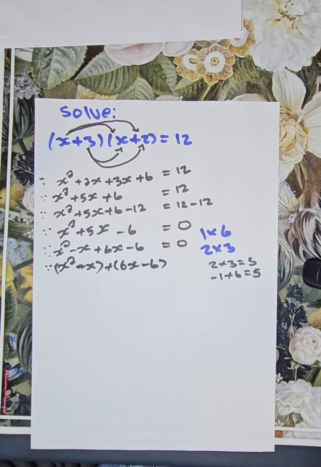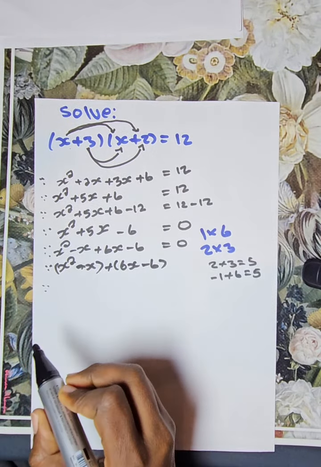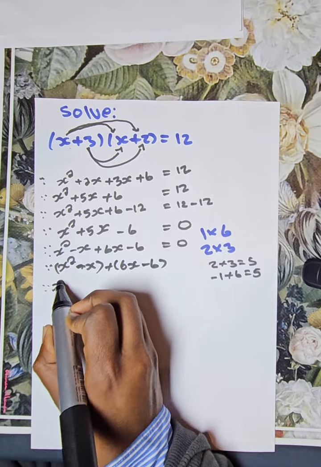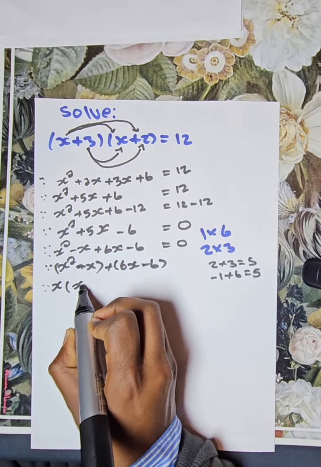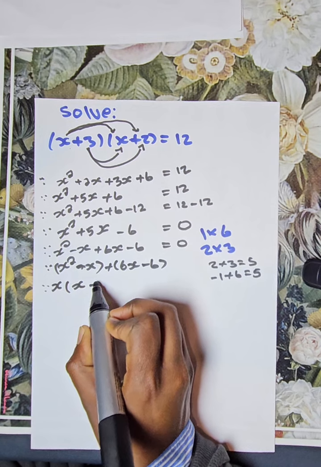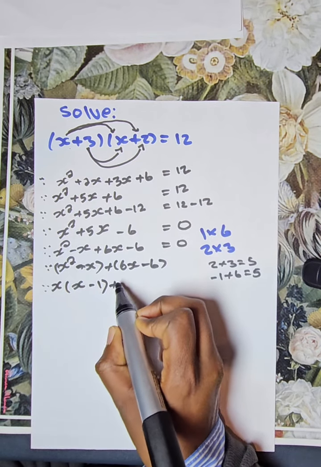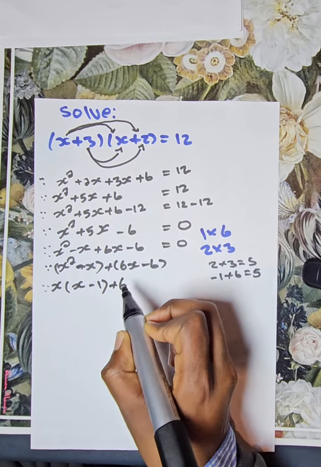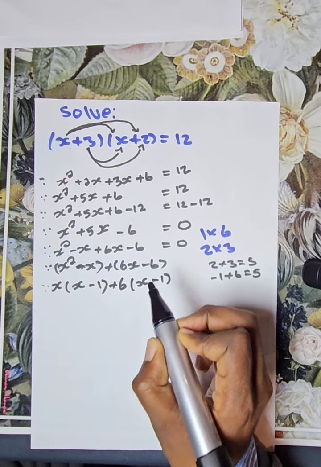Now we check each group. Can we take out any common factor? Remember, we always take out the highest common factor, which in our first group is x, and inside the bracket we are left with x minus 1. In the second group, our highest common factor is 6, and inside the bracket we have x minus 1.